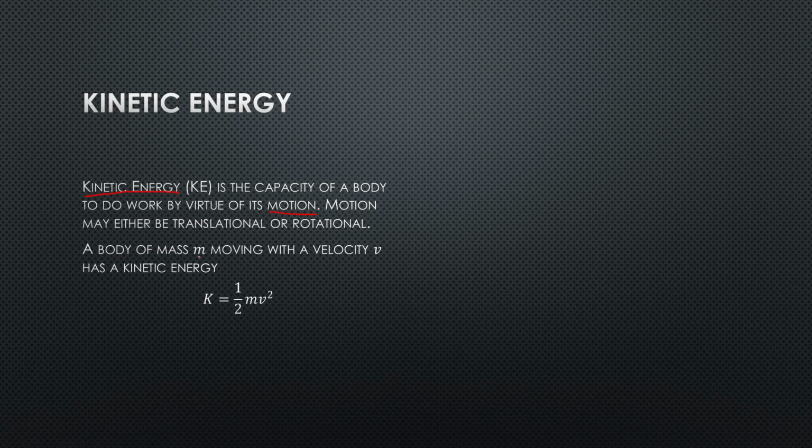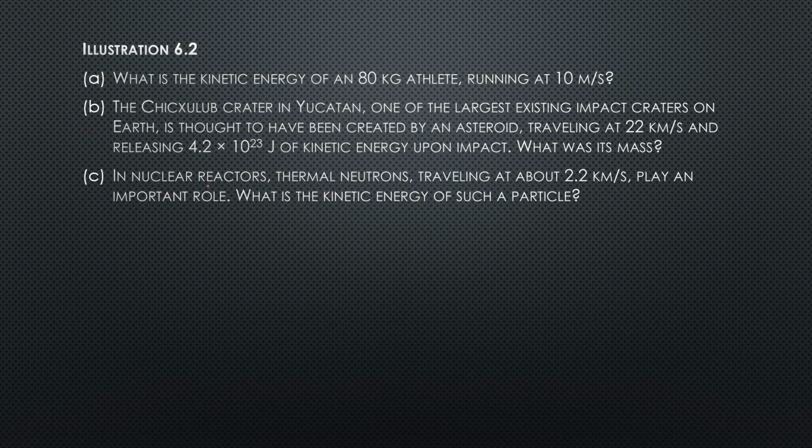A body of mass m moving with a velocity of v has a kinetic energy of 1/2 mv squared. So this is the formula for kinetic energy: 1/2 mass multiplied by the square of the velocity. That gives you kinetic energy.